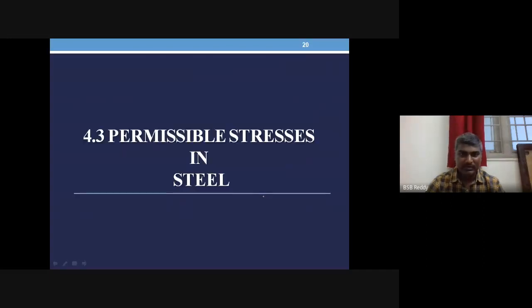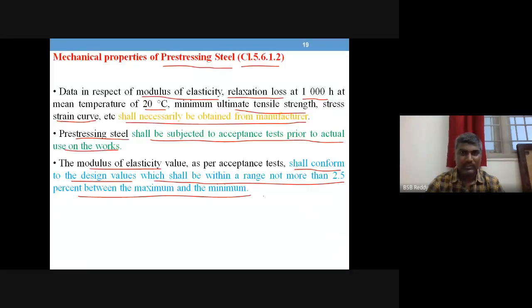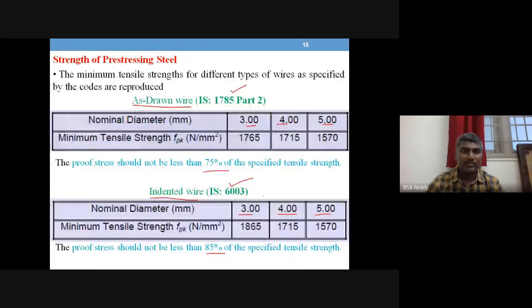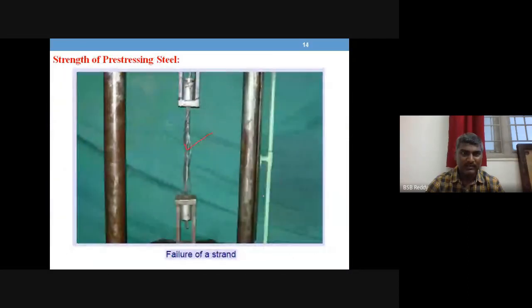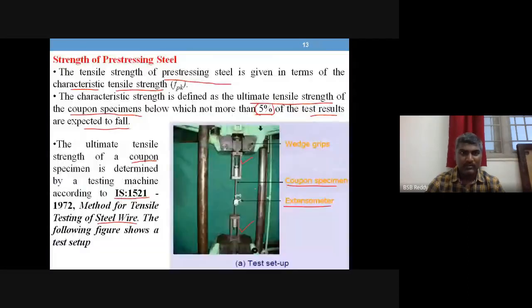Okay, so that is about the strength properties of steel. So clear. The strength properties shall be obtained from the manufacturer itself.